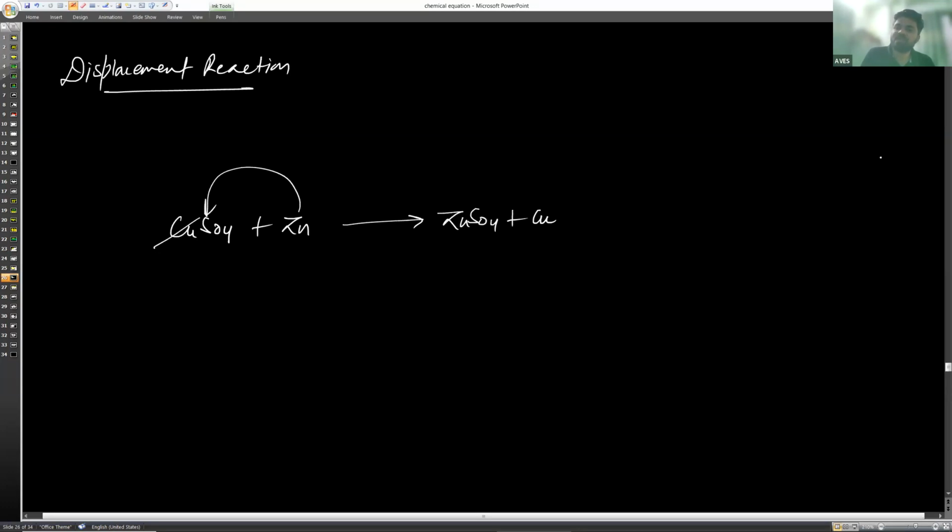Okay, so here is the reactivity series, according to which the more reactive elements are placed higher.